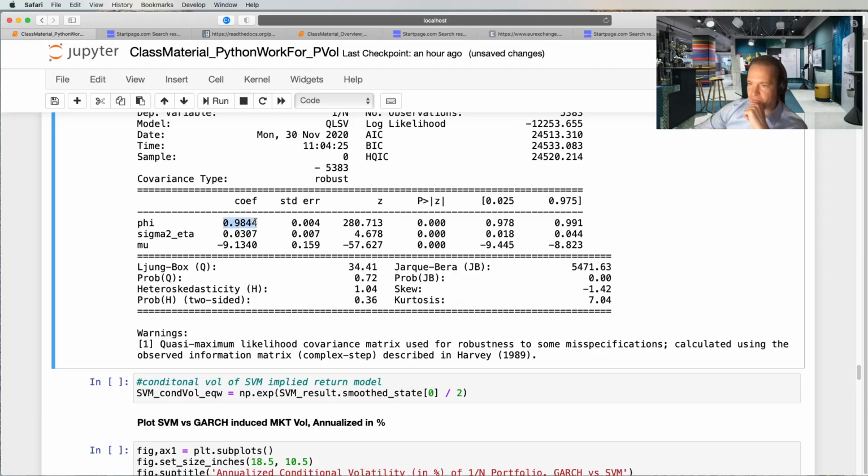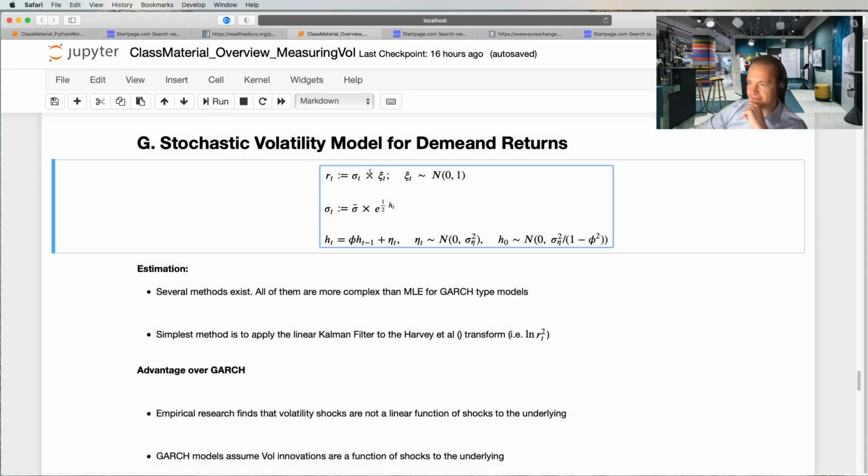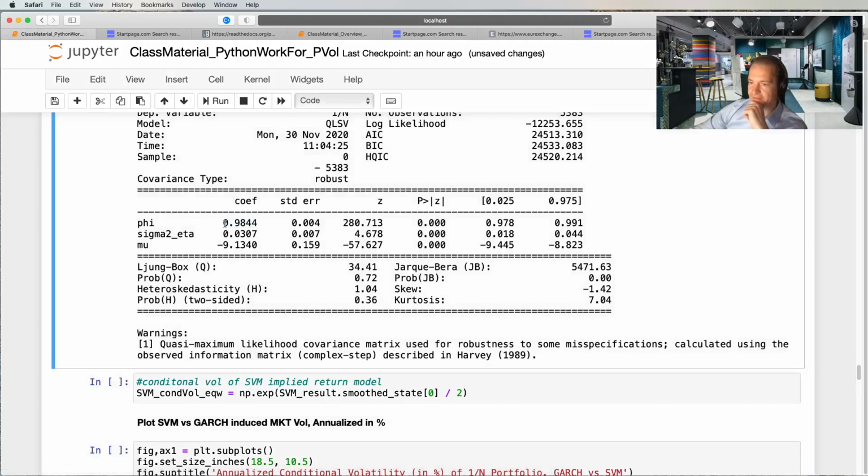So mu, phi, let's go back. What is phi? Phi is the autocorrelation in the variance. Right? Variance is very persistent, 0.98. It's like interest rates, extremely persistent, which makes it easy to forecast volatility. But vol is unobserved.